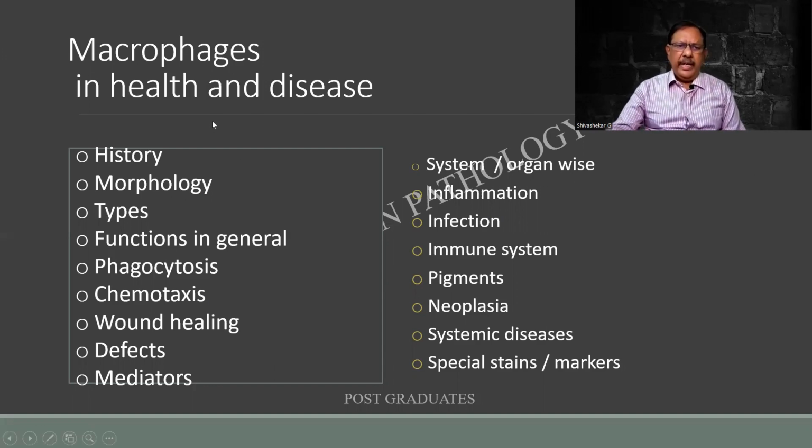On one side, I have mentioned the usual subheadings regarding the history, morphology, functions, defects, etc. And on the other side, it can be organ-wise or system-wise. What are all the pathological processes it is associated with, or the systemic diseases? And finally, is there any marker that can be used for the diagnosis?